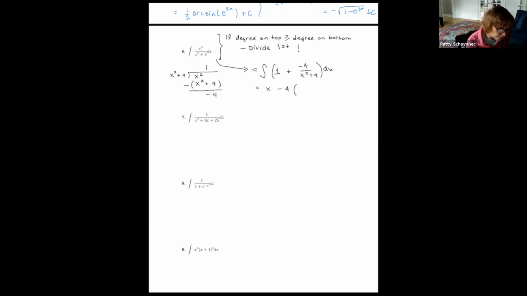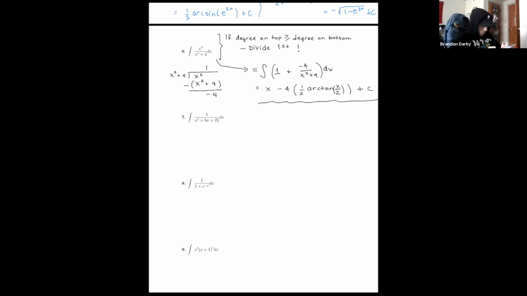So I get a 1 over 2 arctangent of x over 2 plus the c. And that's it. You like that?